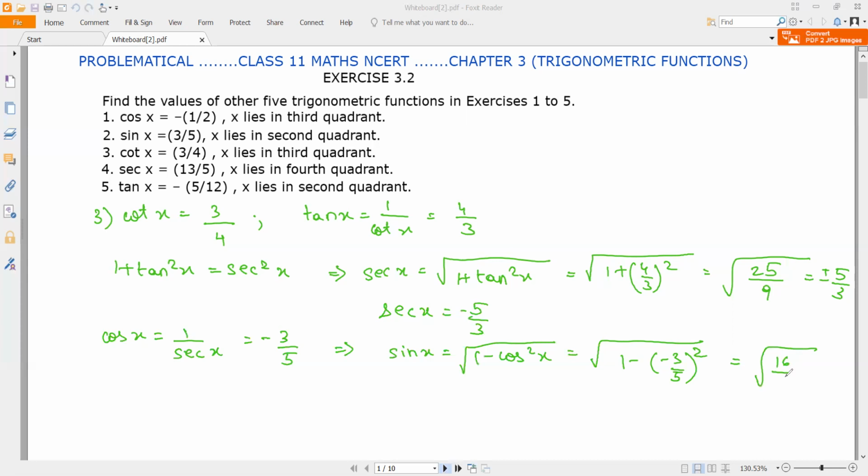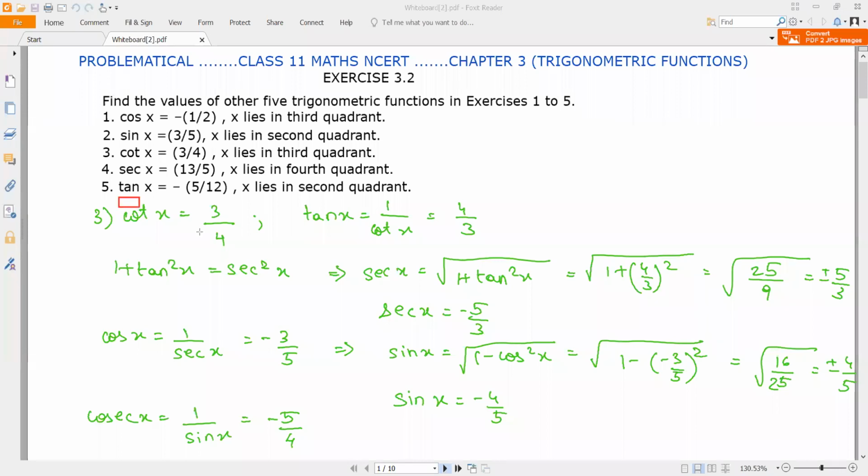So root of 16 upon 25, sorry. Taking square root, we will get plus minus 4 upon 5. Sin x is negative in the third quadrant, so sin x value will be minus 4 upon 5. Cosec x is equal to 1 upon sin x. So this value will be equal to minus 5 upon 4.